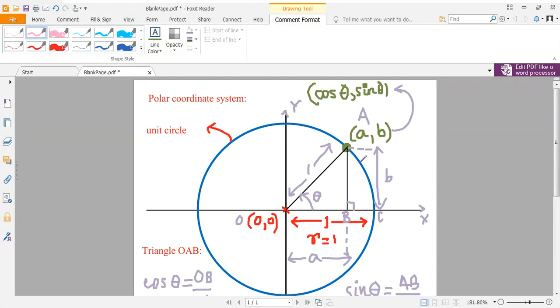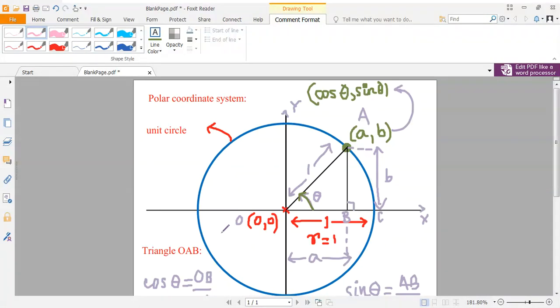So essentially, every point which can be given a position in the normal coordinate system, the two-dimensional coordinate system, the xy plane, I can find a corresponding polar coordinate location for those points. It essentially boils down to the angle subtended by the point with respect to the unit circle.